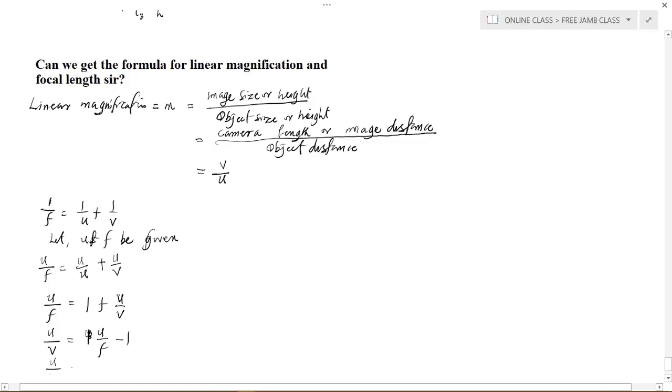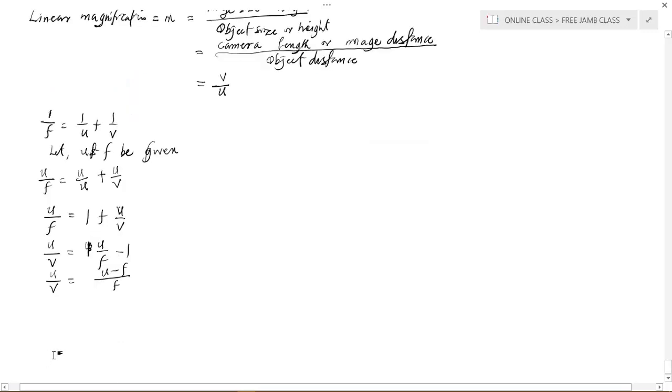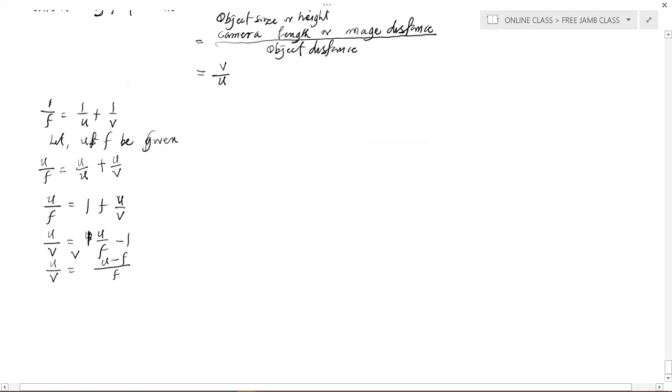U over V is equal to (U minus F) over F. And our magnification that we are looking for is V over U, which we turn into F over (U minus F). If V is given, that means you multiply by V given. Here now, I don't need to find V before I get the answer.